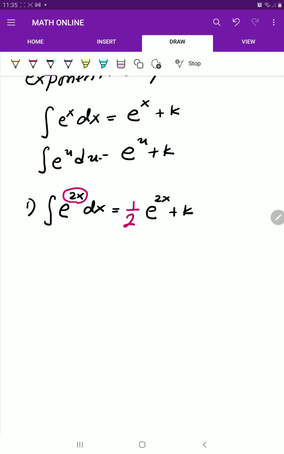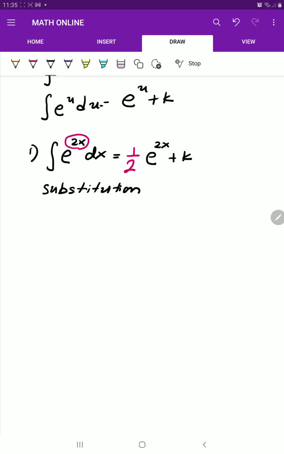Now let's redo this one using the conceptual approach, which is the technique of substitution. If you have the technique of substitution, you can say that let u equal 2x, so therefore the derivative of u is equal to 2 dx.